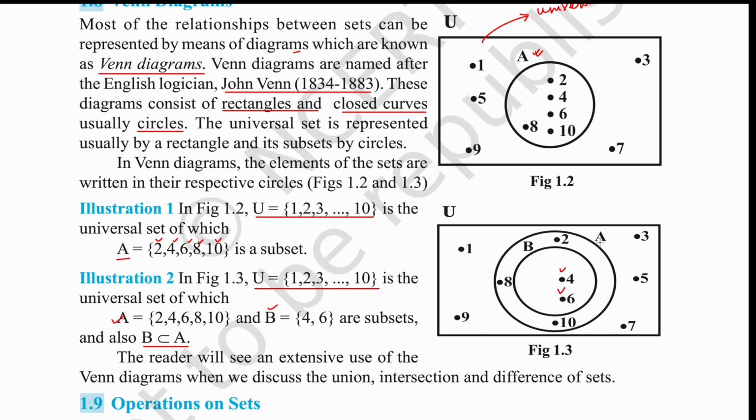Set A is a subset of this universal set. Simultaneously, B is also a subset of the universal set, and B is also a subset of A. Clearly you can see that there are some elements in the universal set which are neither elements of B nor of A. So this is what we usually do whenever we represent a set by Venn diagrams.